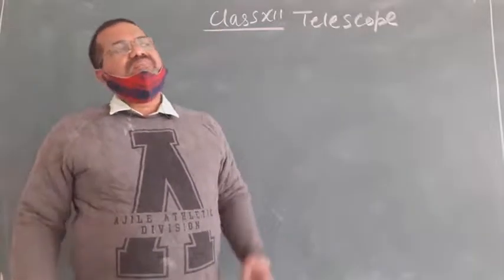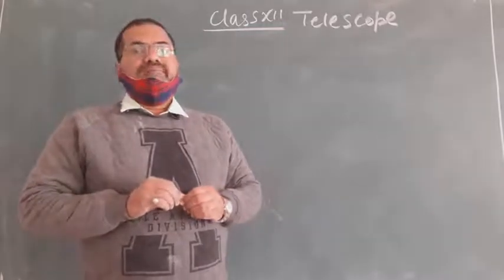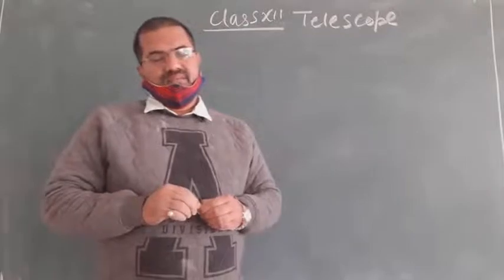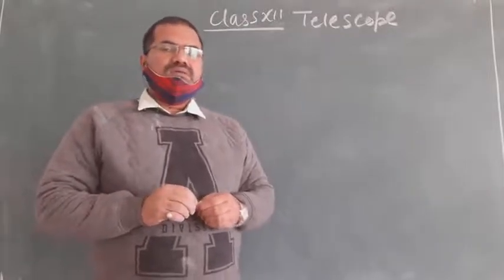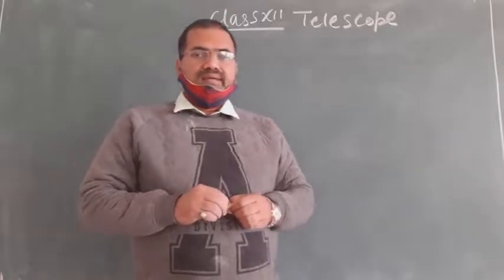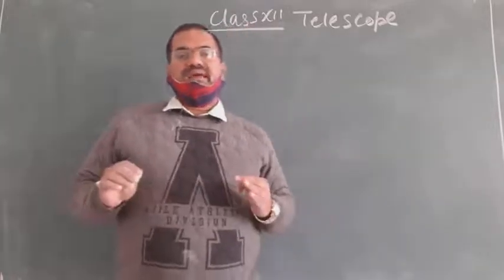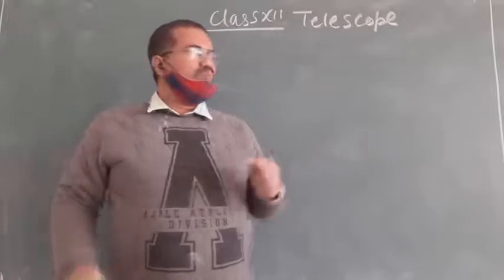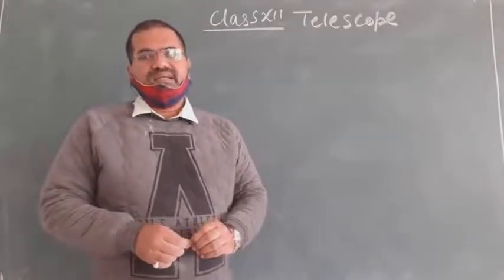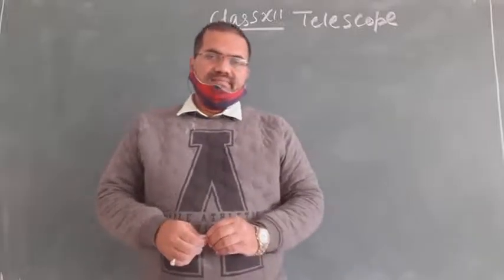Since the object is very big, the objective will be big as compared to the eyepiece, because for big objects, sufficient light is required to make a clear image. So the aperture of the objective must be greater than the eye lens.